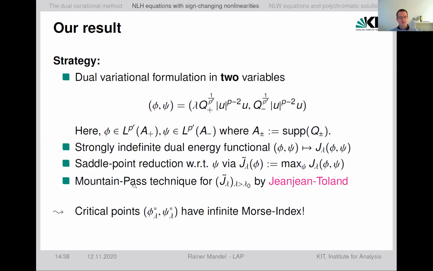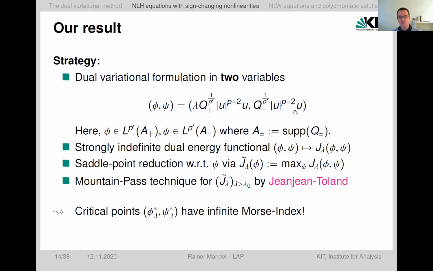So what is the strategy? I want to use the dual variational method to find solutions. The idea is to use 2 variables instead of 1. So previously there was this mapping which goes from U onto V, and now we introduce 2 variables that take the behavior on the positivity set of Q into account and on the negativity set.